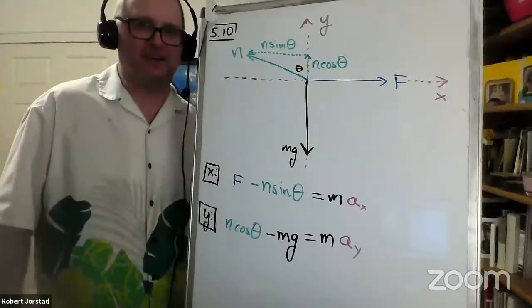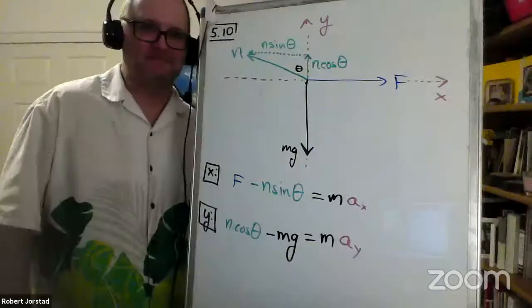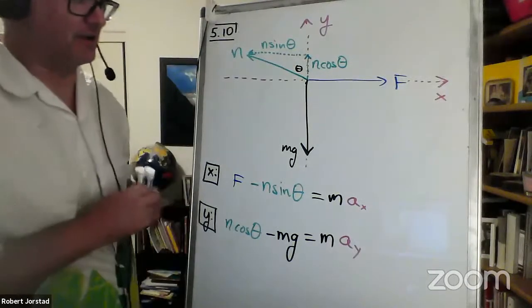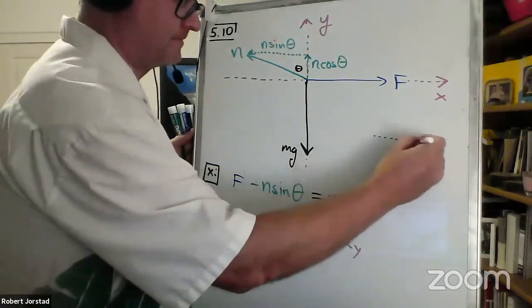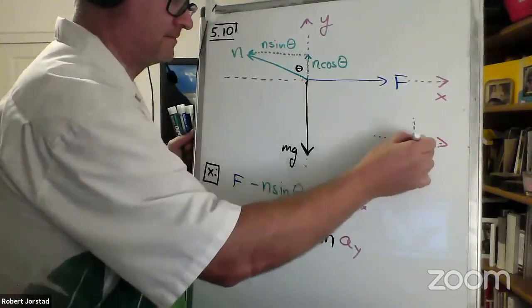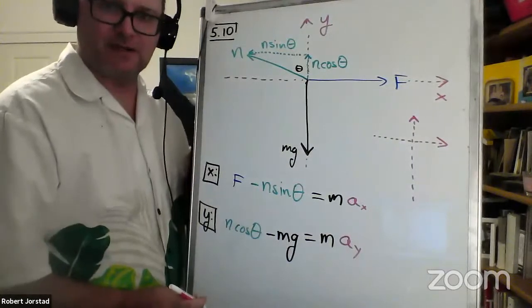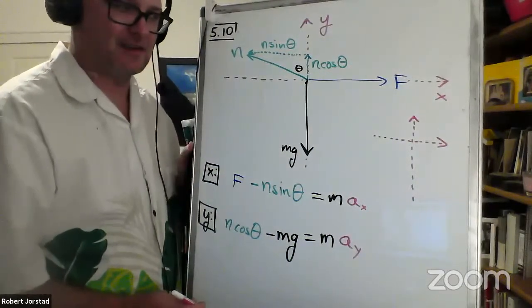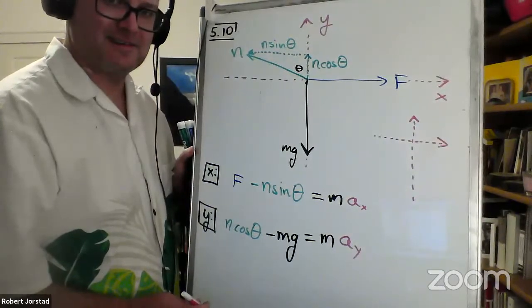So what's the trick? What's the hard part? Finding the acceleration. Exactly. This acceleration, which way is the acceleration going? Down to the left.